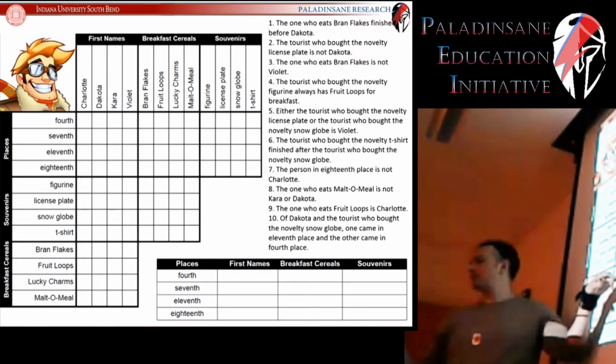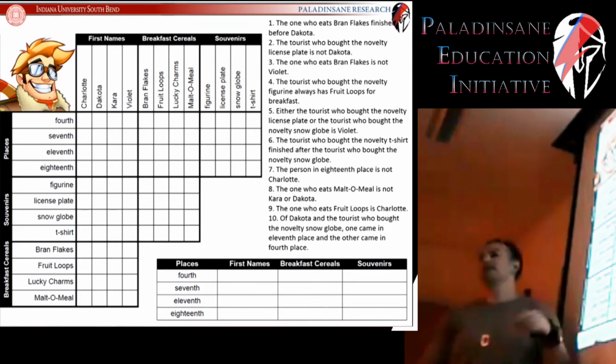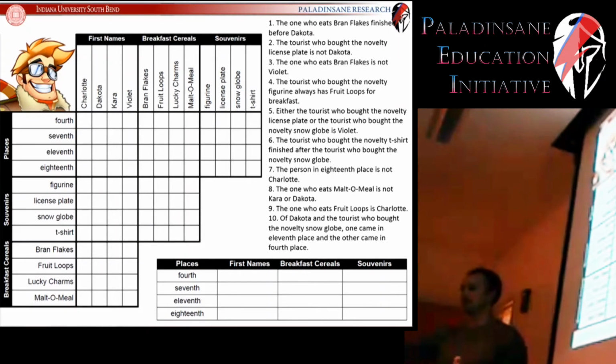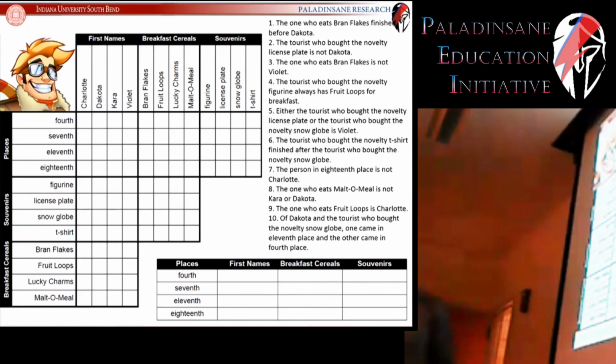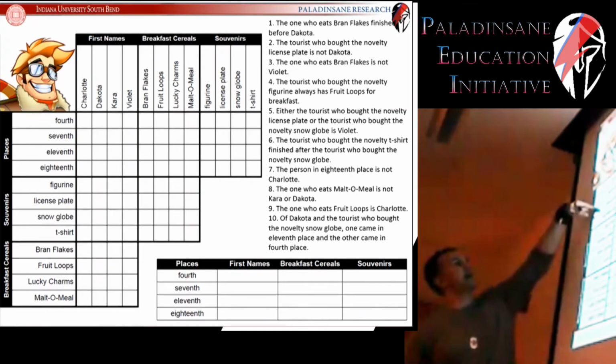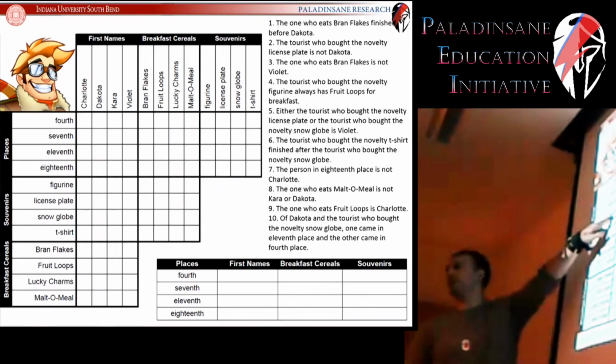There are two more pieces of information from this. What else does it tell us? Yep. The person who eats bran flakes can't finish 18th. Exactly. The person who eats bran flakes finished before Dakota, which means they had to finish in either 4th, 7th, or 11th. They can't finish last.